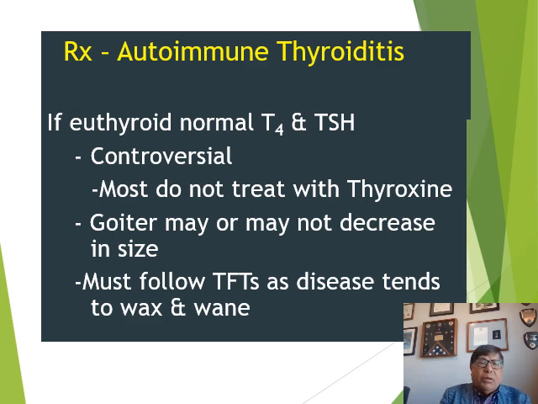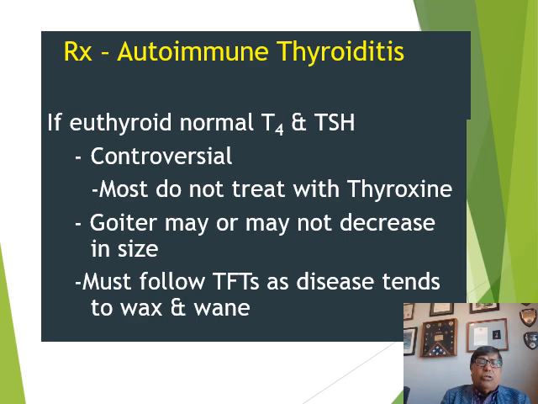So how about treatment-wise? If the patient is euthyroid, T4 and TSH still within the normal range but has positive thyroid antibodies, it is controversial, but most endocrinologists will not treat them with thyroid hormone replacement.